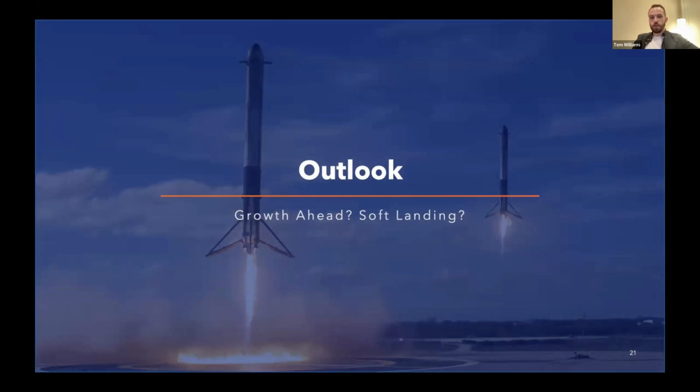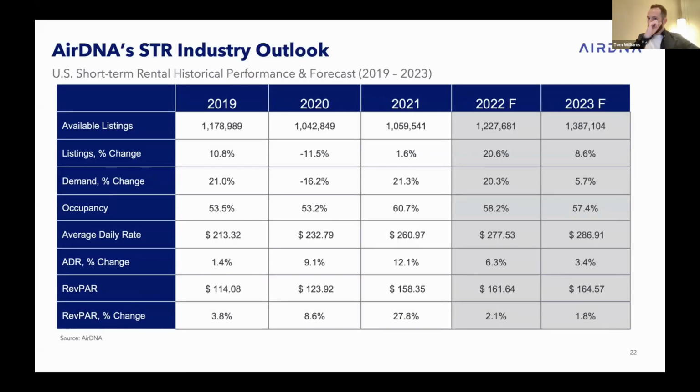And looking forward to the end of the year and further on. So Alex shared this earlier, and we are seeing supply outpace demand in the US. You can also see how that has affected ADR growth. So big jumps from 2019 into 2020, and then we're seeing it drop from 2021 into 2022, and again dropping again in 2023.